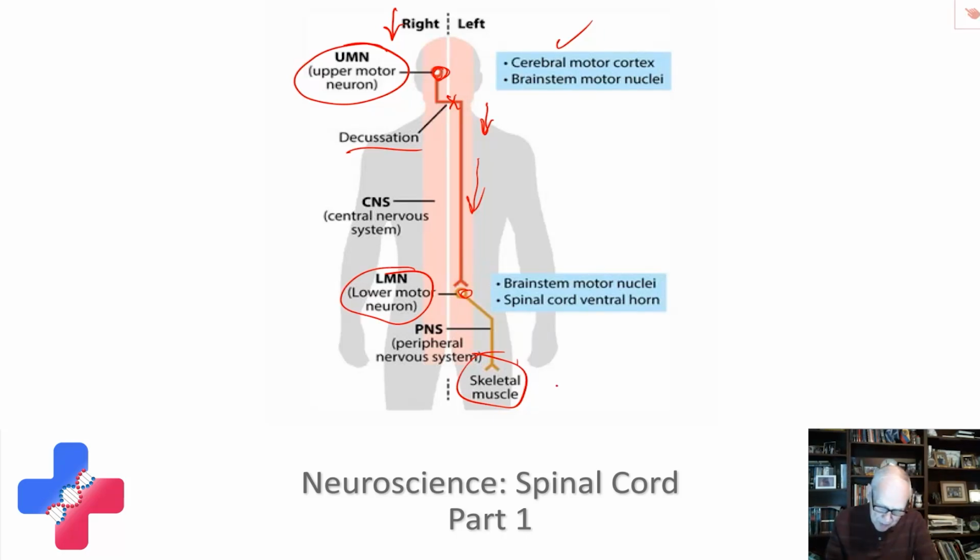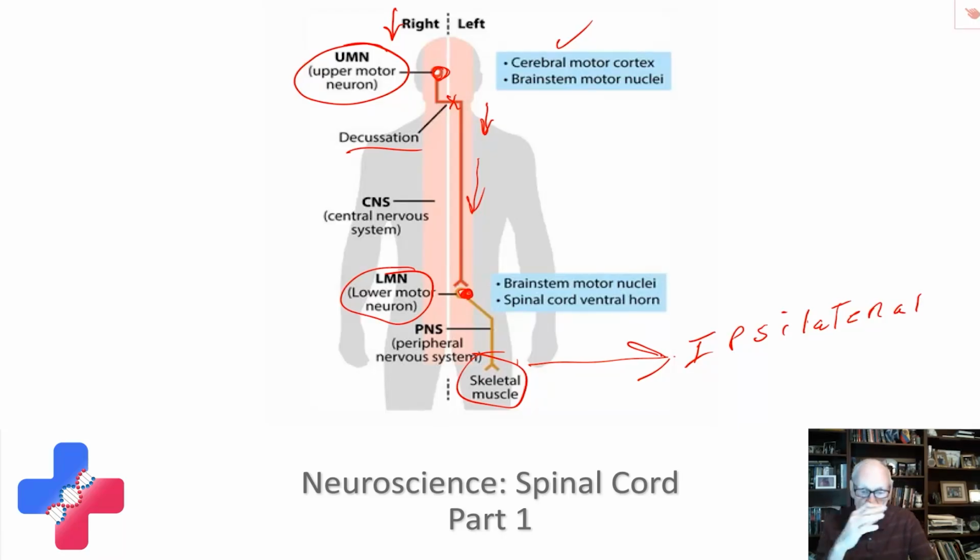So the lower, you remember, is going to be a horizontal relationship to the spinal nerve on that side. So remember, if it's a lower motor neuron lesion, it's always ipsilateral, as we said, because these fibers are coming out of the gray matter of the cord. So that's coming out the ventral root, the spinal nerve. So this is an ipsilateral lesion, and it's always going to be at the level.